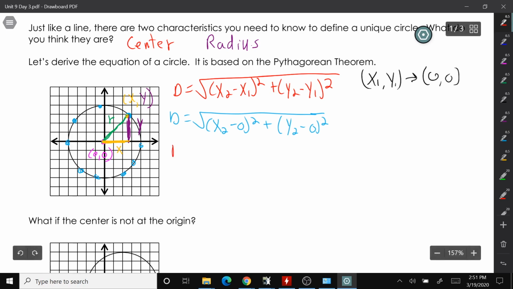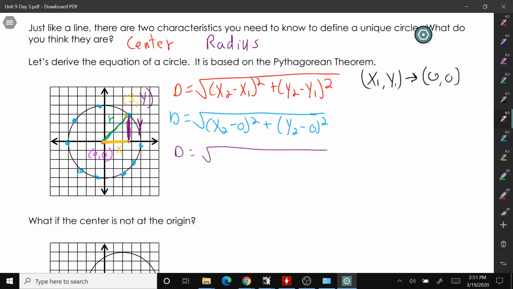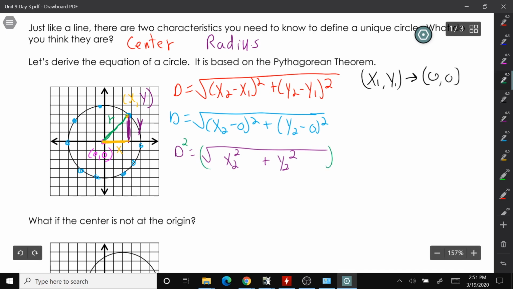Okay. So then that gives us distance is equal to, well, x2 minus 0 is just x2. So this simplifies to the square root of x2 squared plus y2 squared, because when you subtract 0, nothing changes. Now, if we square both sides of this equation to get rid of the square root symbol, we get that the distance squared is equal to x2 squared plus y2 squared.